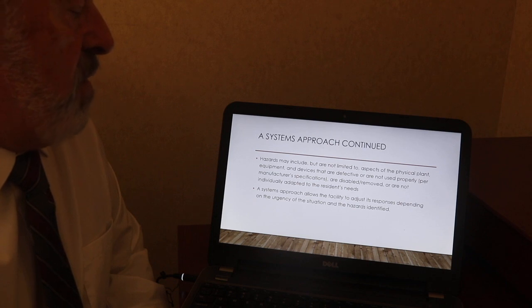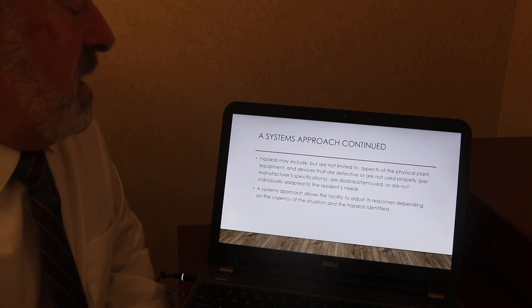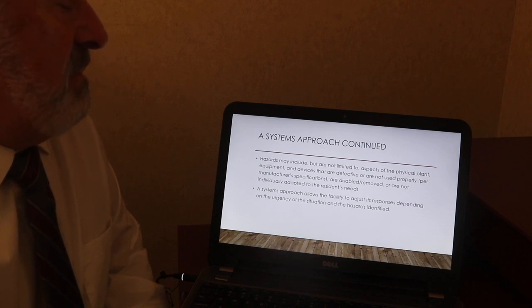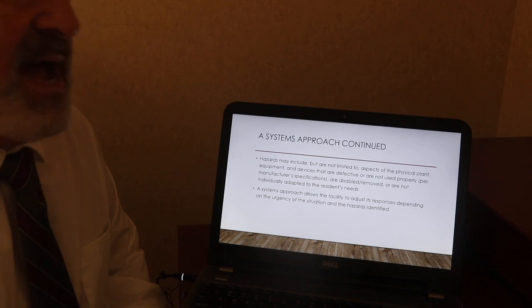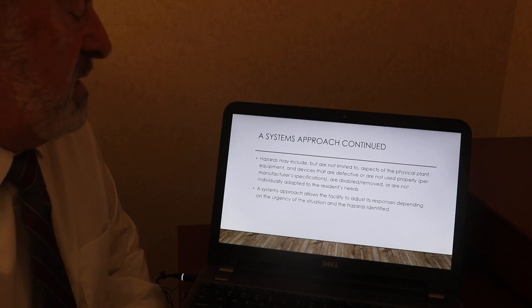A systems approach also identifies hazards that may include, but are not limited to, aspects of the physical plant, equipment, and devices that are defective or are not used properly per the manufacturer's specifications. They're disabled, removed, or are not individually adapted to the resident's specific needs.